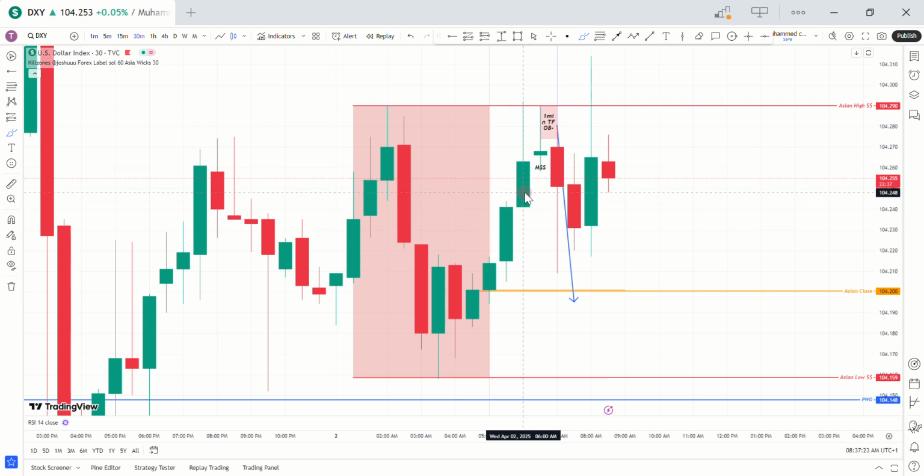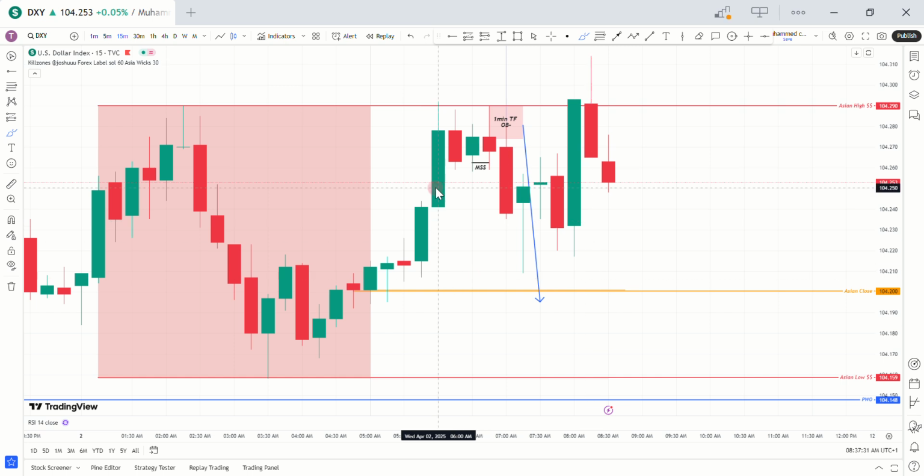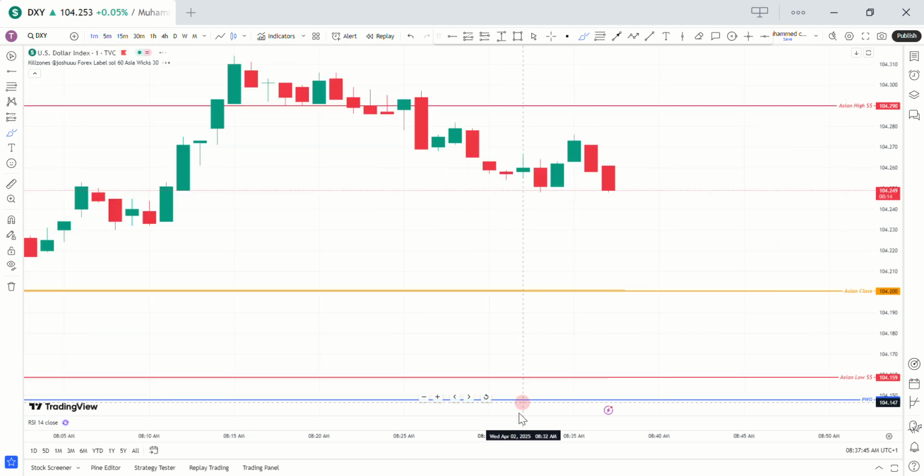So this 6 o'clock candle closed below the Asian high. Then I switched to my 15-minute time frame, and I saw that the candles on the 15-minute time frame actually closed below the Asian high. Then I came to my 1 minute directly.